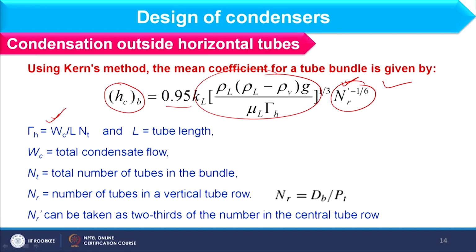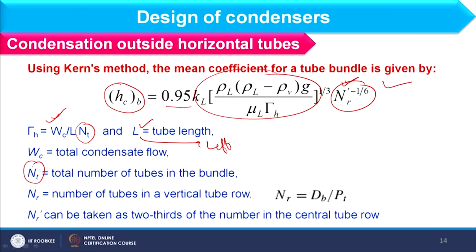It will depend on the condensate flow, the length of the tube, and Nt, the total number of tubes, because here I am considering per unit length. Further, you have to keep in mind that this L should be L effective, because whatever portion of the tube is inside the tube sheet will not participate in the condensation process. So, in that way you should consider L.